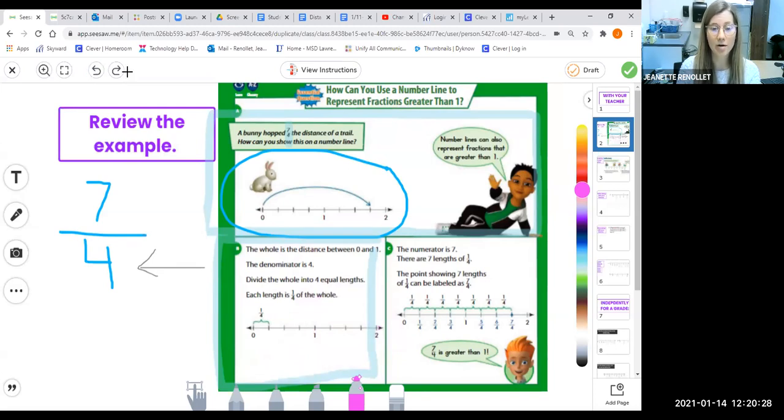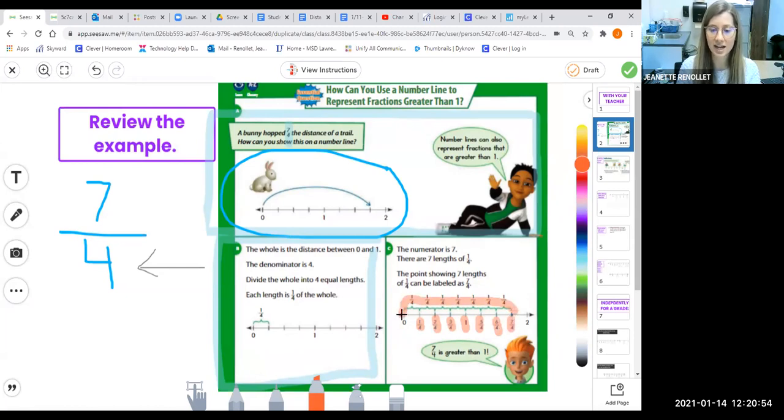Next, they can count using the unit fraction, and they can label 1/4, 2/4, 3/4, 4/4, or we know that's equal to 1. Keep going. 5/4, 6/4, 7/4.